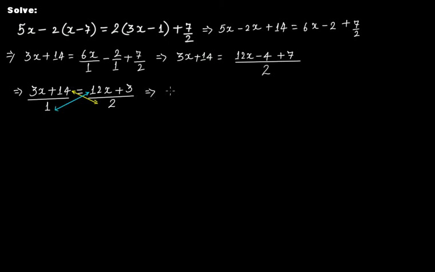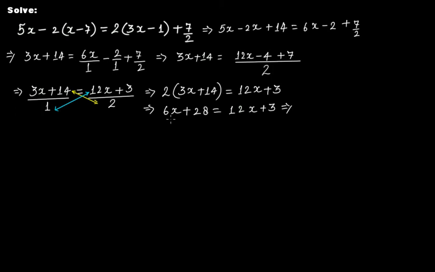If you solve it, you get 2 times 3x plus 14 is equal to 12x plus 3, and this gives you 6x plus 28 is equal to 12x plus 3.